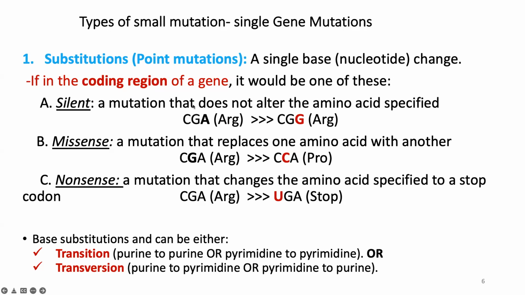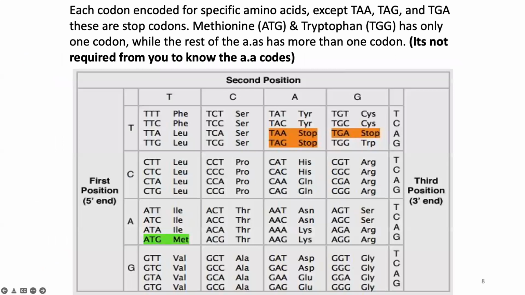However, that change luckily would not generate a new amino acid code, rather it is the same. So if we look at the coding amino acids code, as we can see, luckily, most of the amino acids have more than one code, except the methionine, because it's the start amino acid. So most of them have different codes.